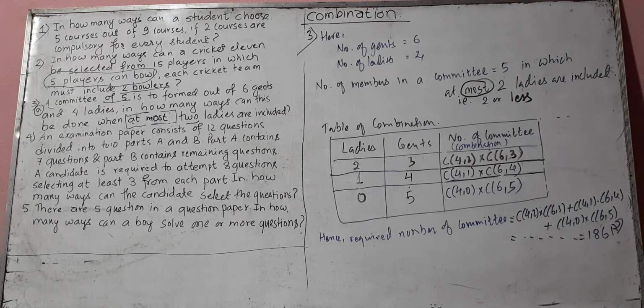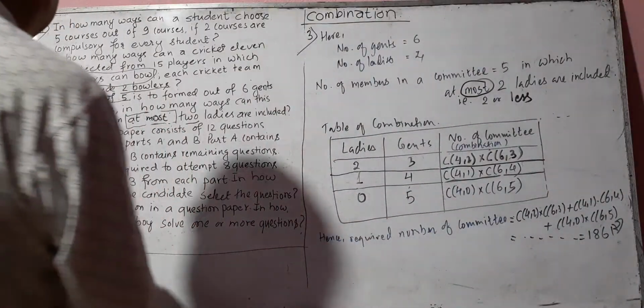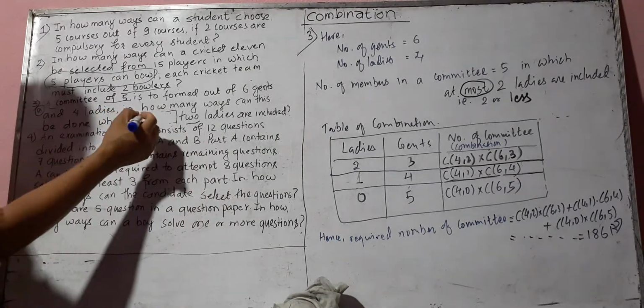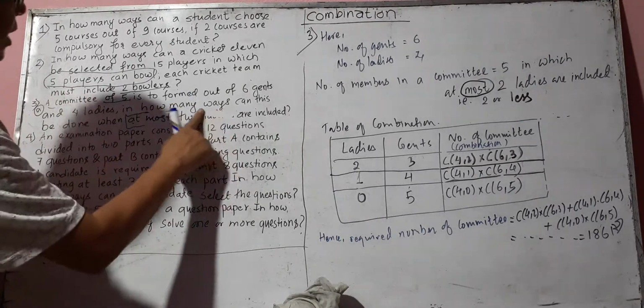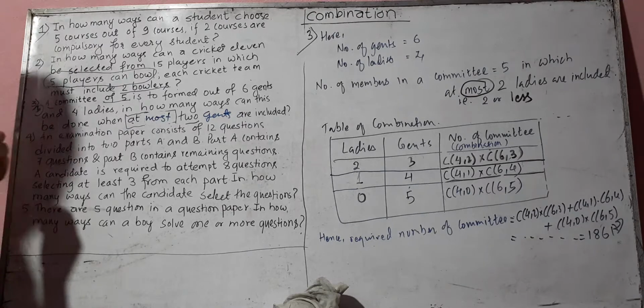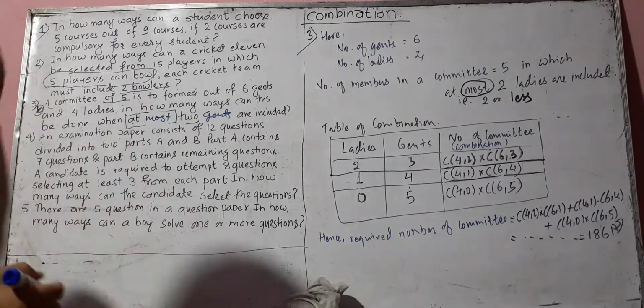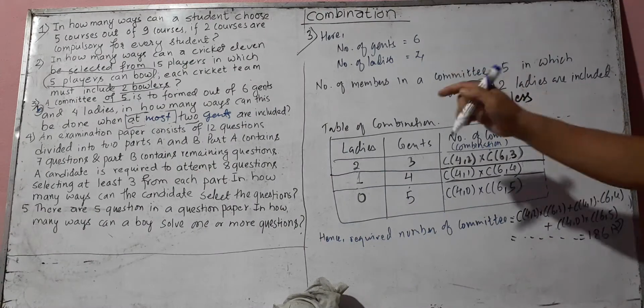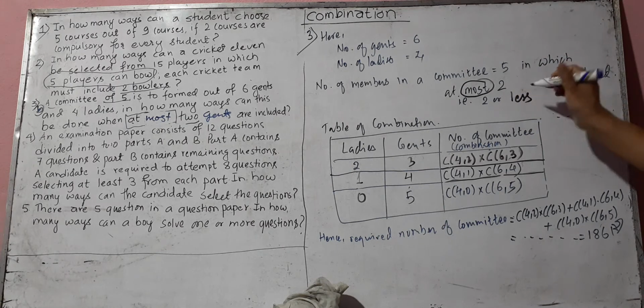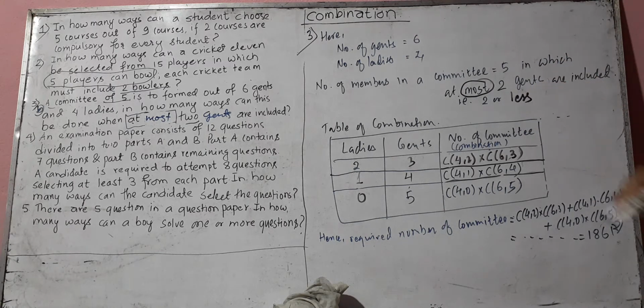Then we have another problem, in case of at most. This time you write at most not ladies but gents, and call it 3B, another question we have added. The same number of gents and ladies, and the committee has at most 2 gents, that means 2 or less gents.